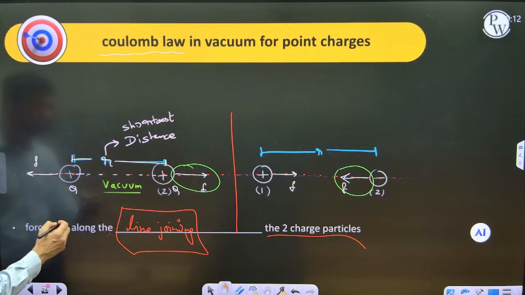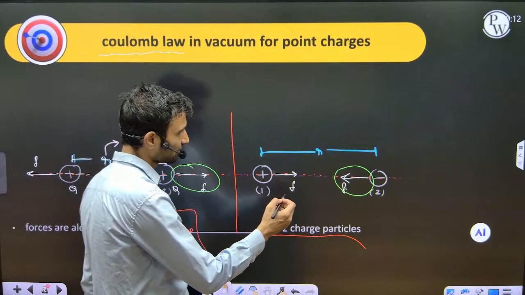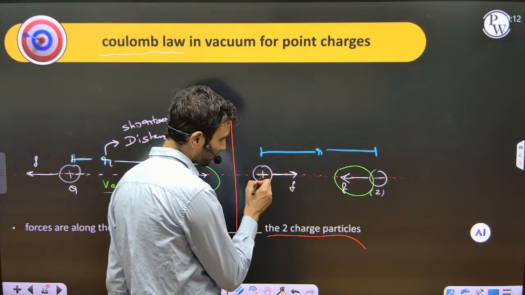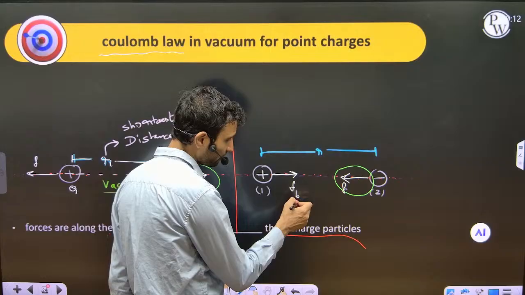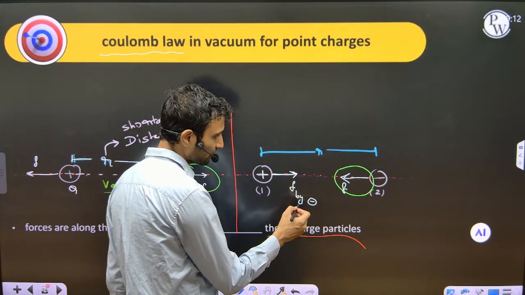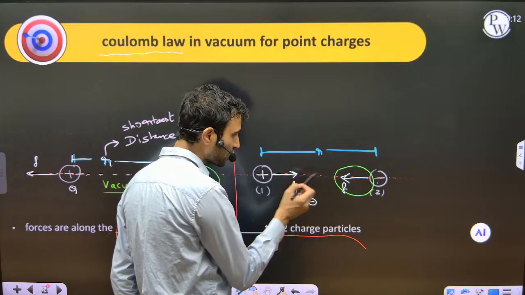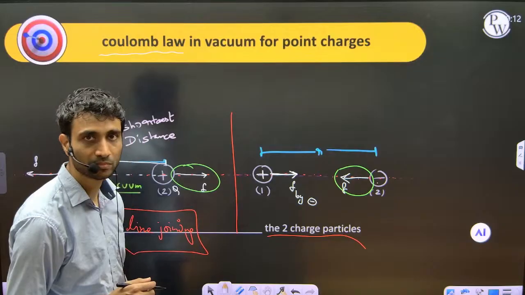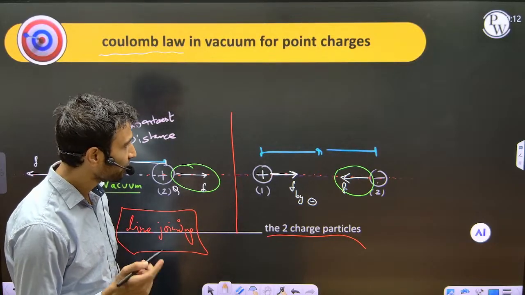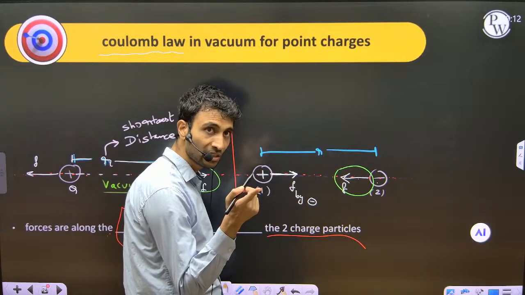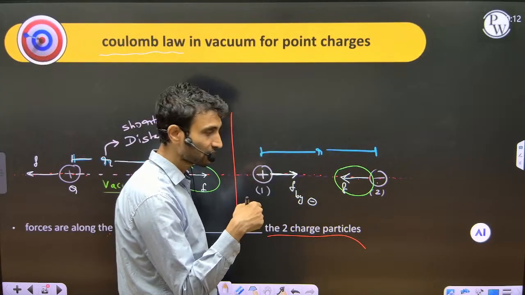As you can see, this is the force on the positive charge, by the negative charge. So the negative charge applied a force on the positive charge in this direction. And Newton's third law says that every force has an equal magnitude and opposite reaction.